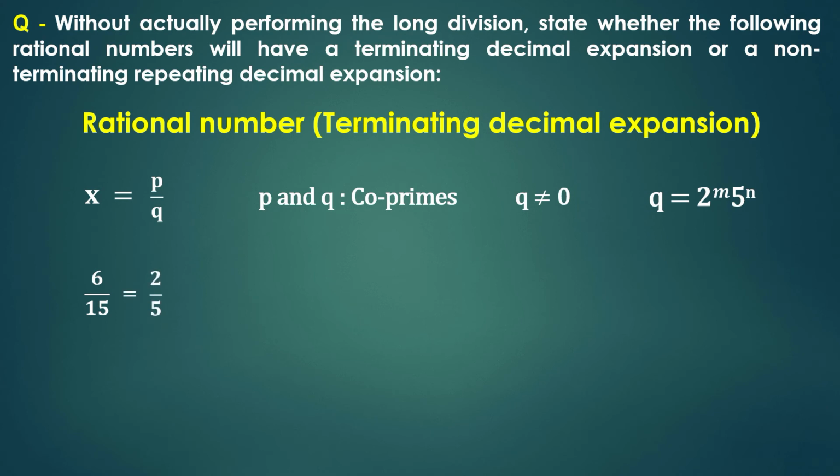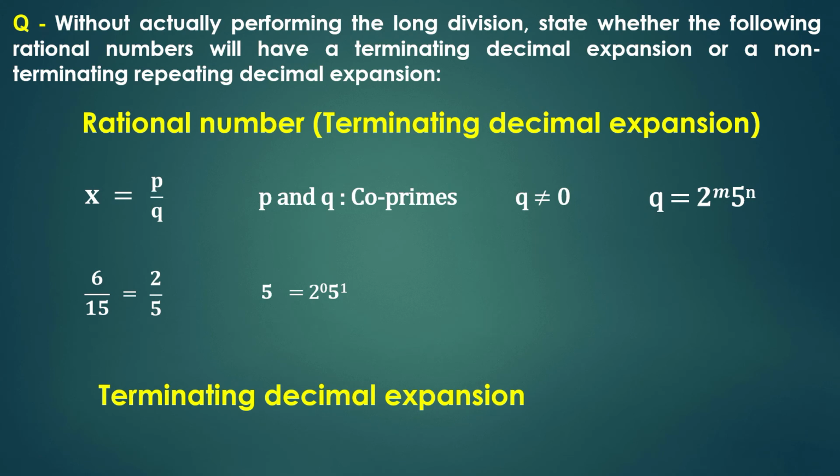Since 2 and 5 are co-prime numbers, we can now check whether the denominator is in the form 2 to the power m into 5 to the power n. We know that the denominator 5 can be represented as 2 to the power 0 into 5 to the power 1, which is in the form 2 to the power m into 5 to the power n. Therefore, the number 6 by 15 is a terminating decimal expansion.